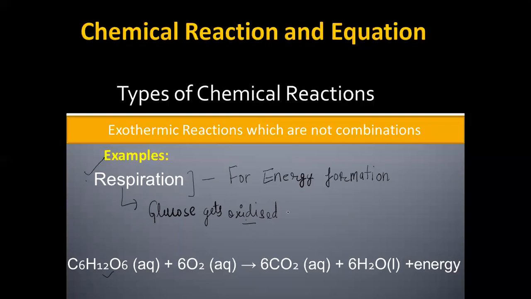This glucose gets oxidized to form CO2 and water. Along with that, energy is released. Have a look at this chemical equation. Glucose, the formula is C6H12O6, combining with oxygen, forming carbon dioxide. Water is formed, energy is released. The process is exothermic once again.